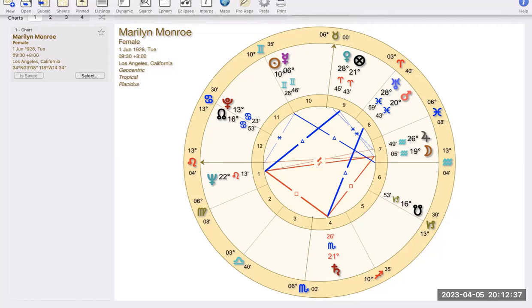In traditional astrology, the oldest astrology, the outer planets don't exist, because they aren't visible with the naked eye. So everything has to be signified by the classical planets.